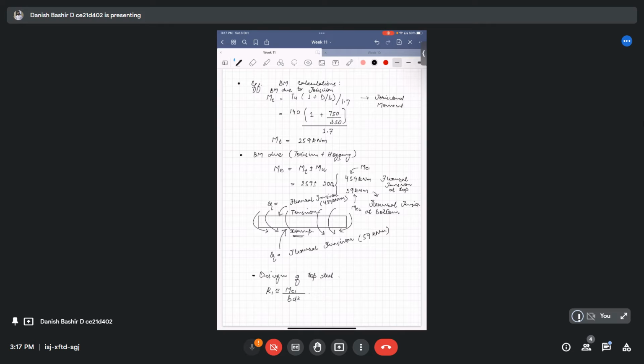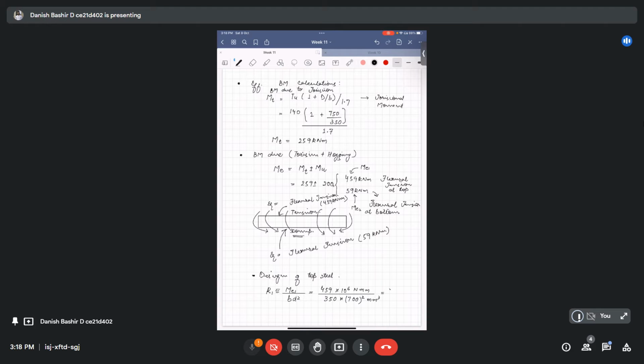Okay. We will calculate this as 459 kilonewton meter times 10 power 6, since kilonewton meter becomes Newton millimeter. Just keep in mind this is 350 and D is 700, whole square. This will be millimeter, this will be millimeter square, it will be millimeter cube.